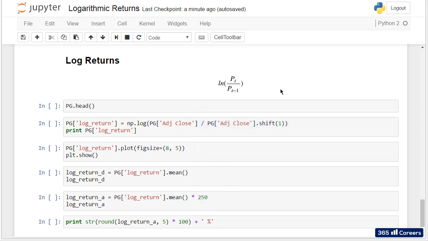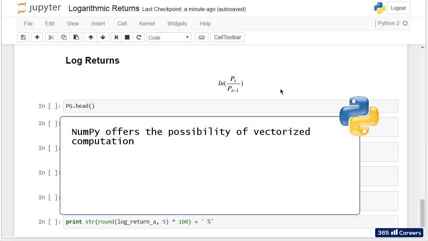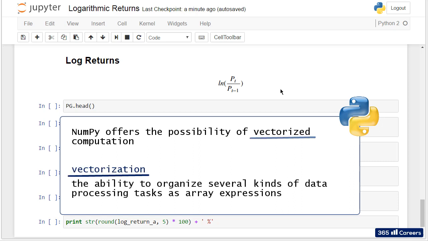Again, NumPy will be the library that will provide us with the necessary tools for this computation. The benefit is that this package offers the possibility of vectorized computation. This term refers to the ability to organize several kinds of data processing tasks as array expressions, vectors, matrices, or multidimensional arrays.